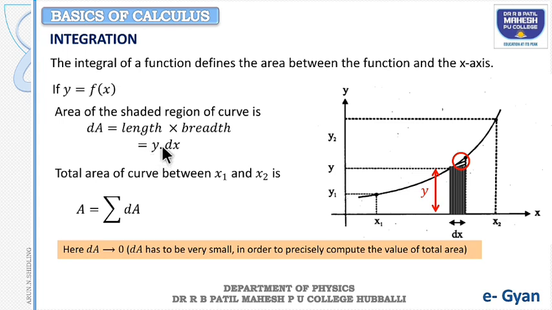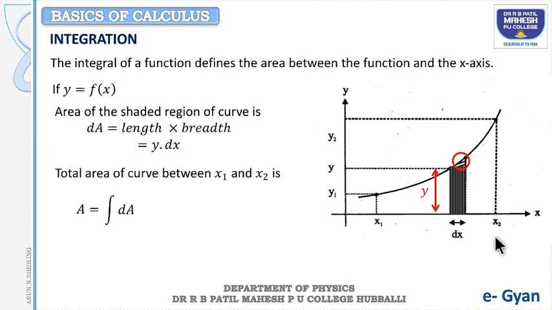To make dA very small, I need to focus on this side of the equation. Here I cannot change y, but I can change dx. So I'll make dx very small such that this rectangle appears like a line. That is my intention: to make dA tend to 0. dA has to become very small, which means dx also has to become very small.